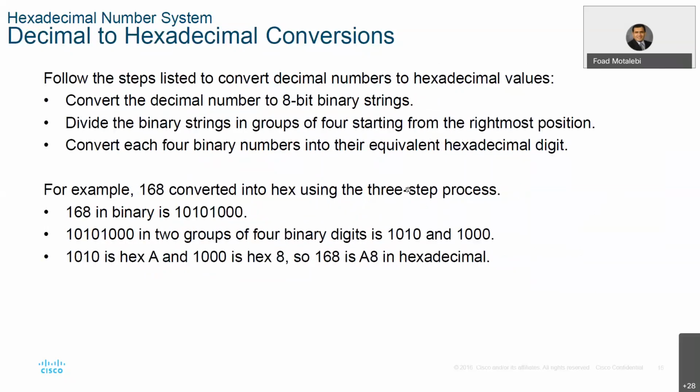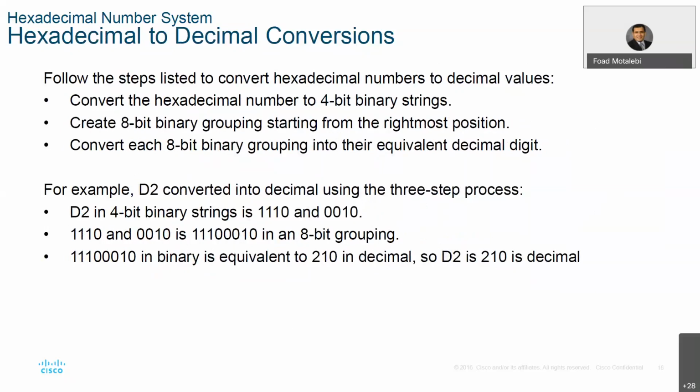I've got another example over here, converting from hexadecimal into decimal. Remember, you cannot convert directly. First convert into binary and then binary to decimal, and vice versa. Convert the hexadecimal number to 4-bit binary strings. For example, your hexadecimal number is D2.